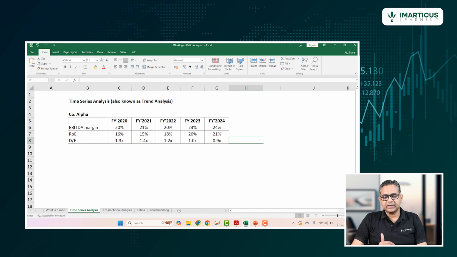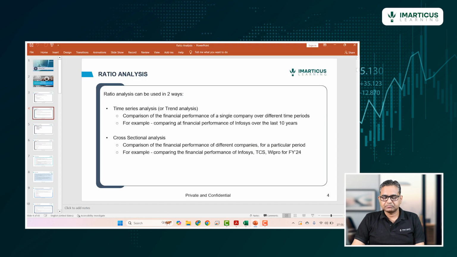So they are relying less on debt now as compared to what they were doing 5 years back. So again, through ratios, we are able to compare the financial performance of the company over multiple years, and this is what we call time series analysis.